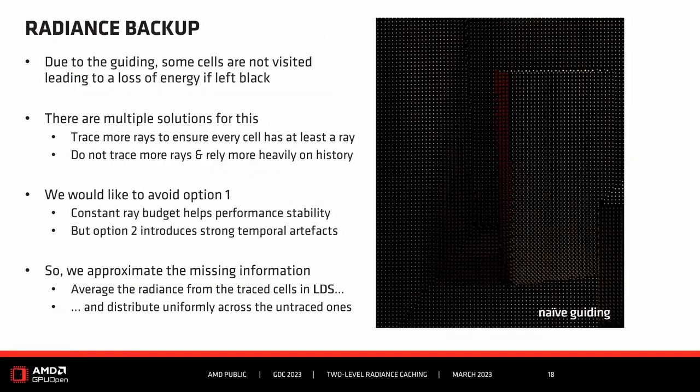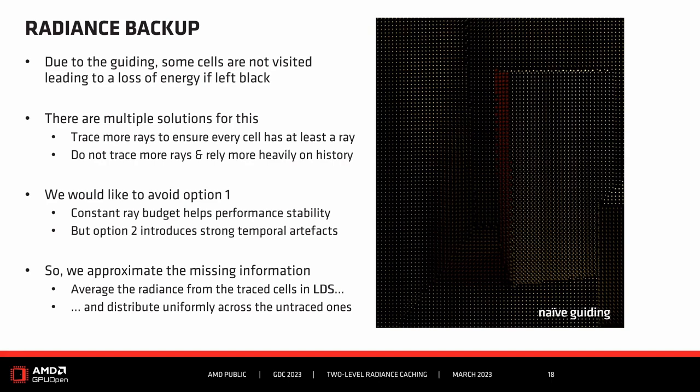Now, due to our guiding strategy, some cells may not be visited, which would lead to a loss of energy if you leave them black, as on the image on the right. There are multiple solutions for this. We can either decide to trace more rays to make sure that every cell has at least one ray, or we can decide to not trace any extra ray, which is better for performance, and rely more heavily on history instead.